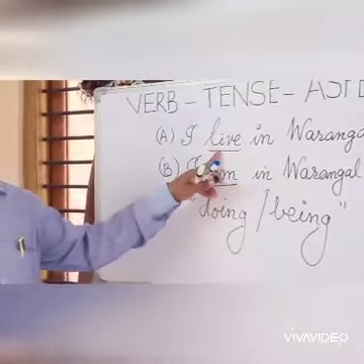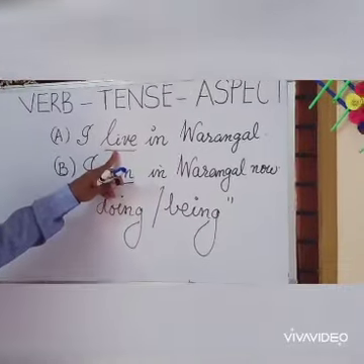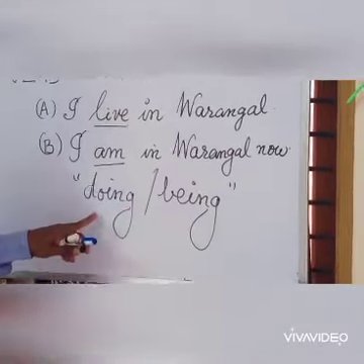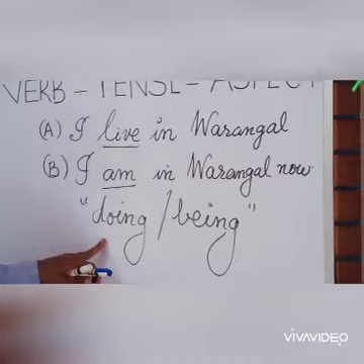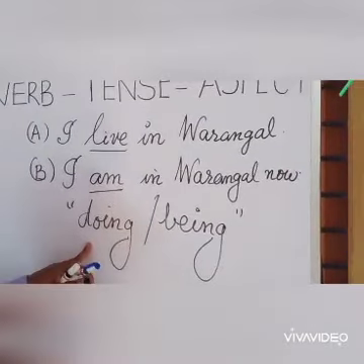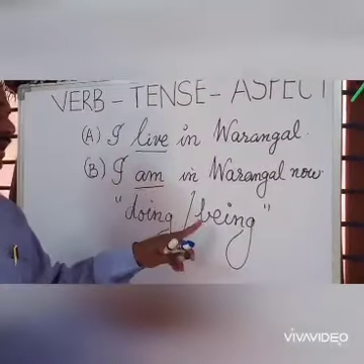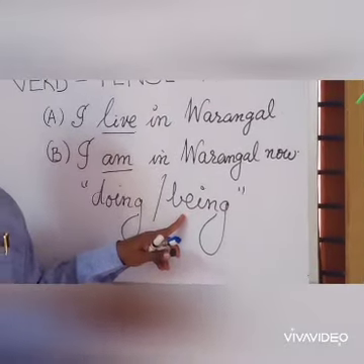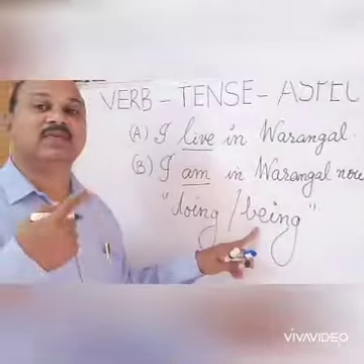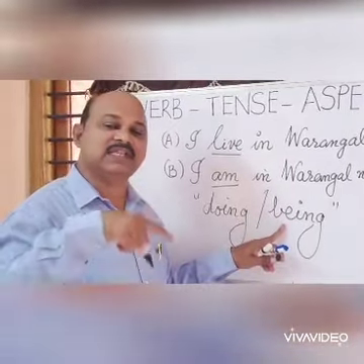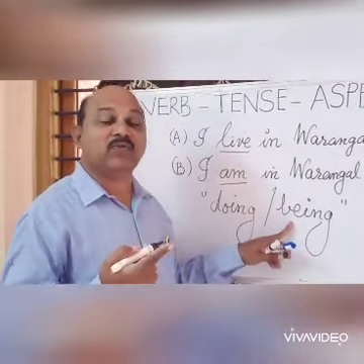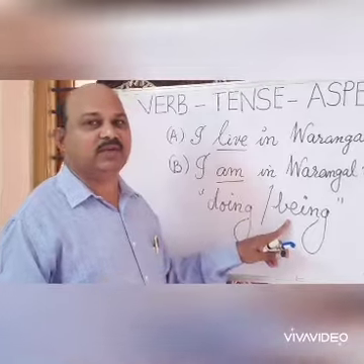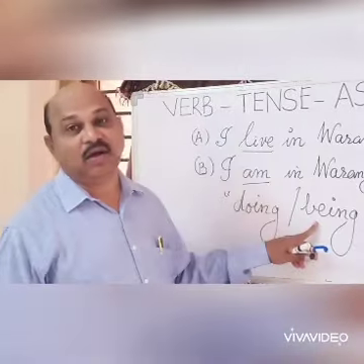Here this word live in, I live in Warangal indicates your doing, your action. That is a verb. And here am indicates that you are in Warangal at this point now. That means it indicates your state of being, your whereabouts, your condition. So that is also called a verb.